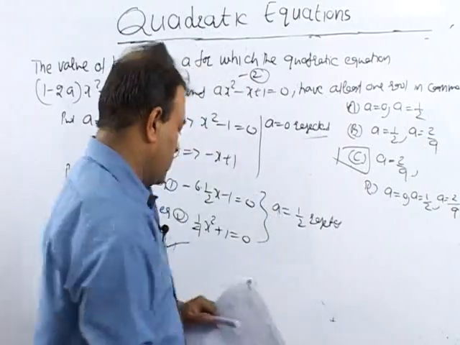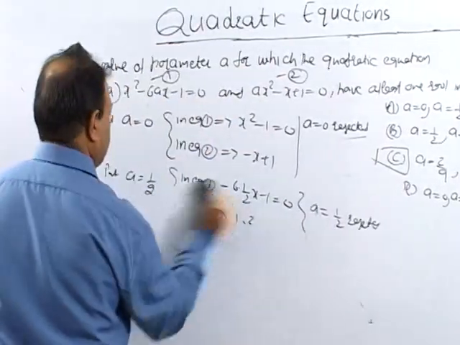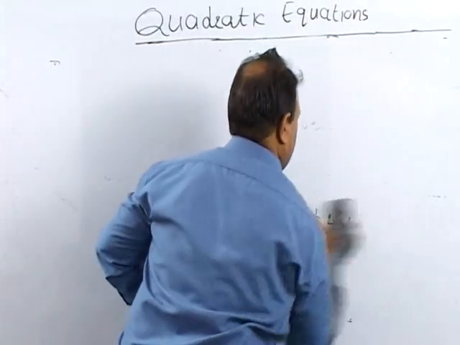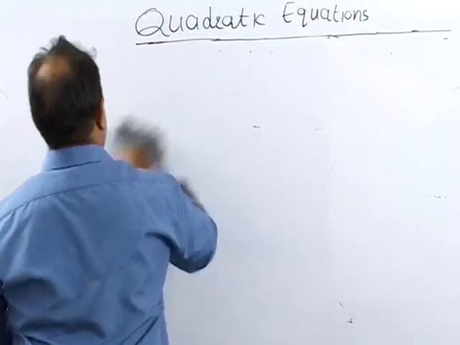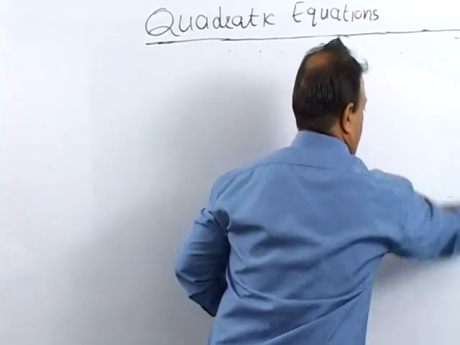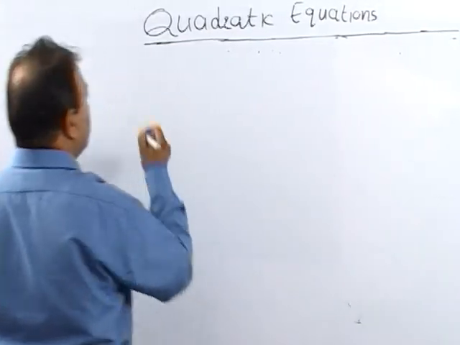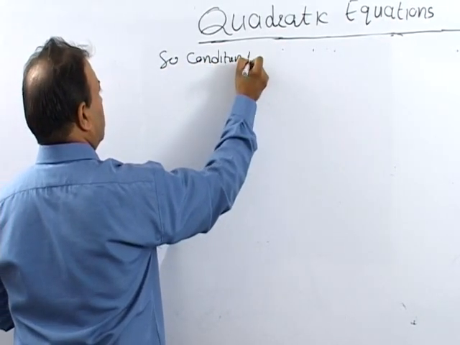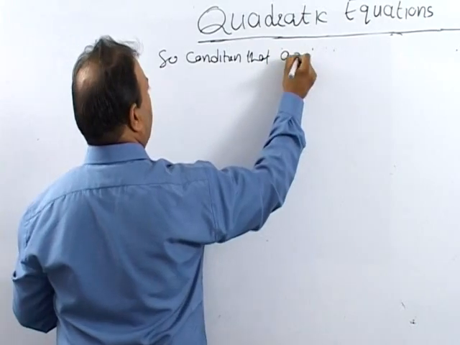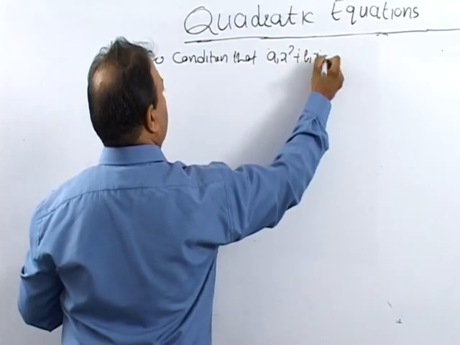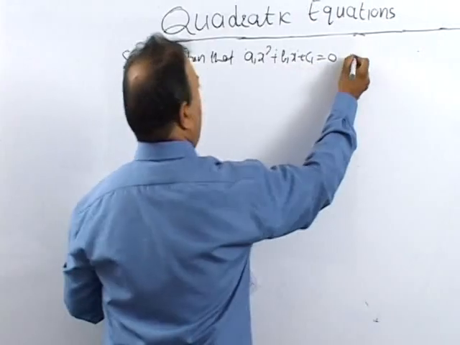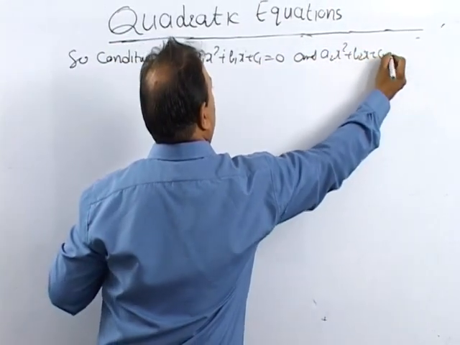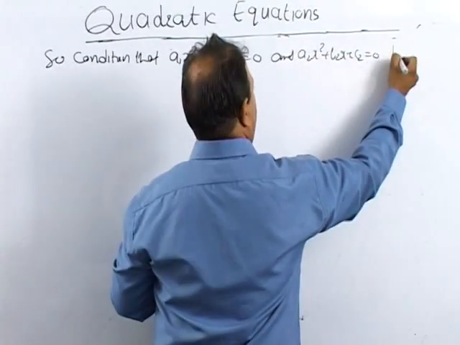So the condition that a1x square plus b1x plus c1 is equal to 0 and a2x square plus b2x plus c2 is equal to 0 have both roots common.